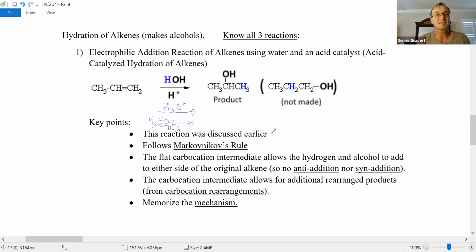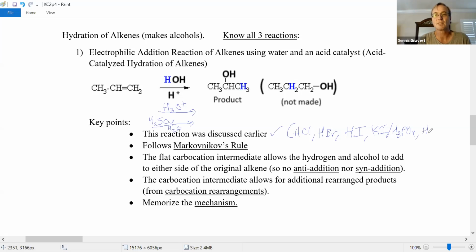The reaction was discussed earlier when we did HCl, HBr, HI, and the other reagents that make hydroiodic acid, which was KI with, maybe I should put a slash, phosphoric acid.